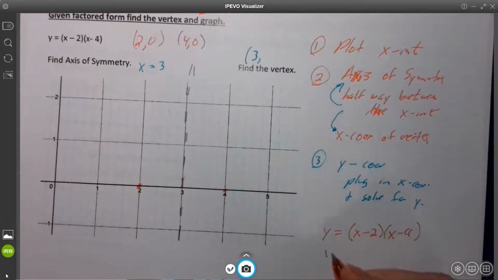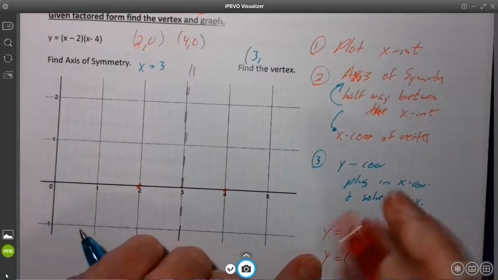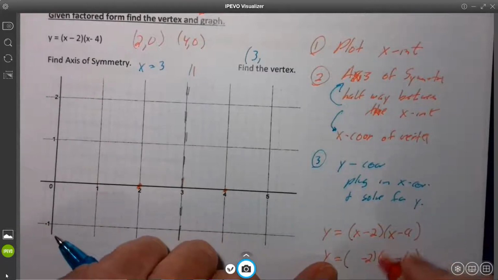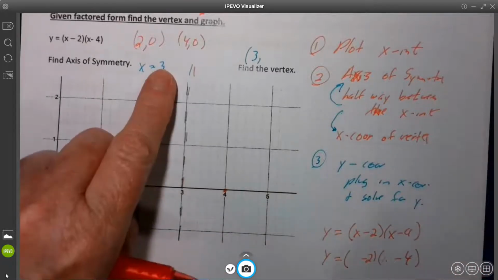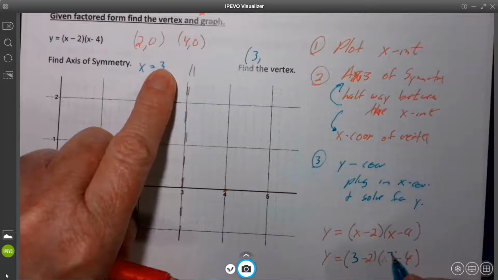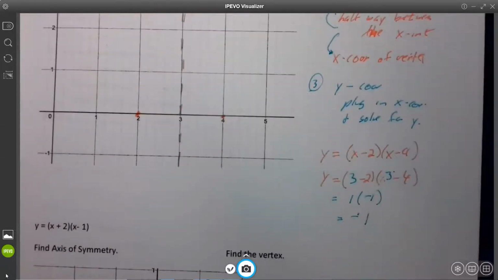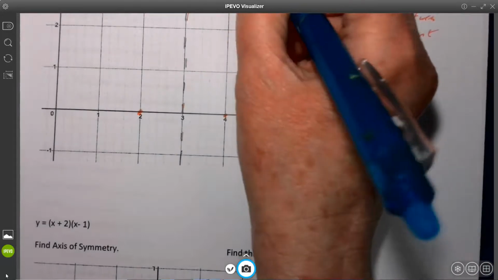So I'm going to plug in what x is equal to. So I can't put an x there. x is 3. So I get 1 times negative 1. Therefore, the y-coordinate of my vertex is negative 1.